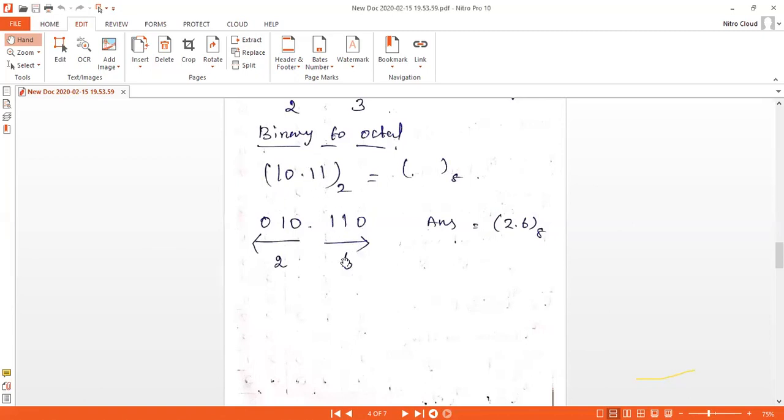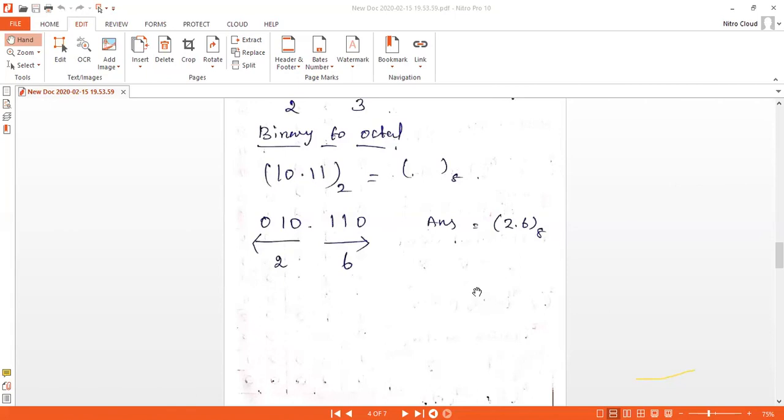I write 11. Whenever a decimal point comes, the 0 should be added on the right hand side. For the whole number, if there is a need, the 0 should be added on the left hand side. So for 11, I add a 0 on the right hand side, making 110, because it is the decimal part. 10 is a whole value, so I add a 0 on the left hand side, making 010. Correct? Clear?